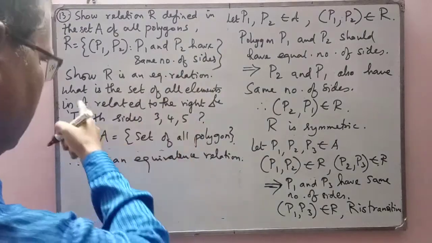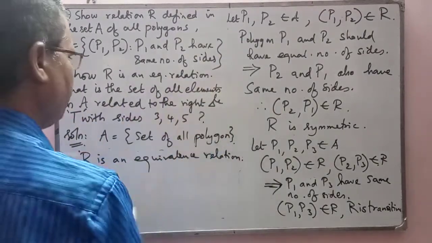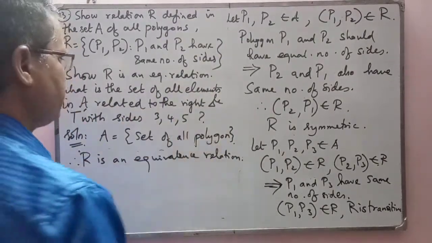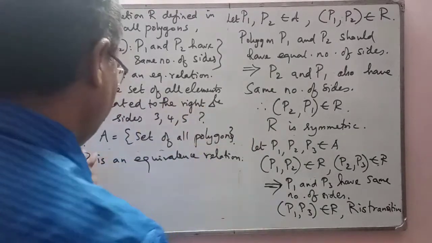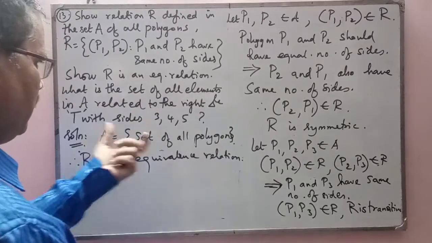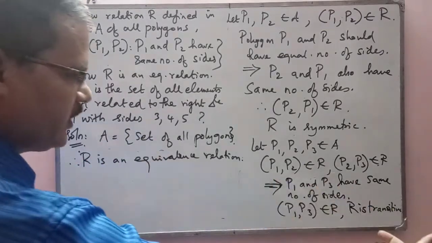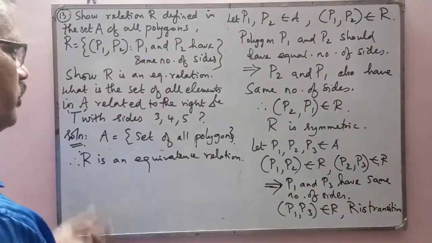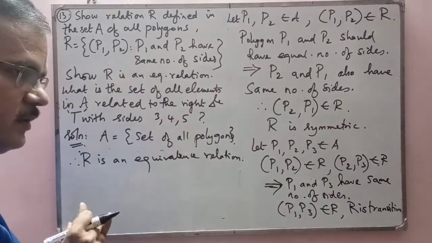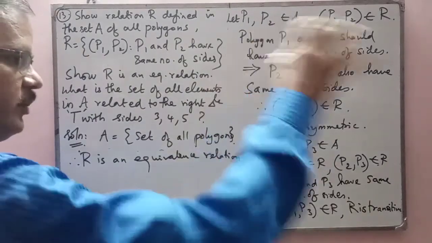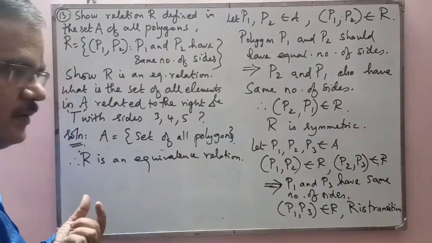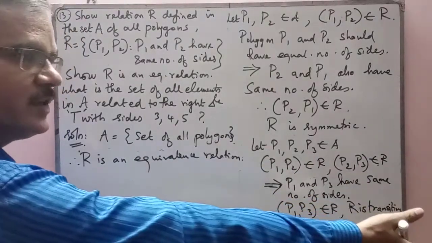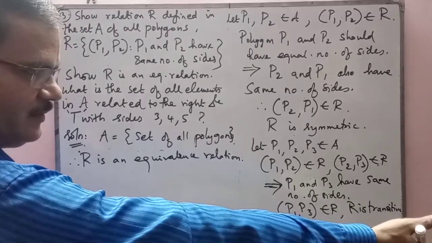What is the set of all elements in A related to the right triangle T with sides 3, 4, 5? You have a right triangle, and you are going to relate it with the set of all triangles. So what will be compared with this triangle? A is a set with all the polygons. Now you have a triangle in your hand, which will be related. Yes, it will be related only with the triangles in set A. Correct.